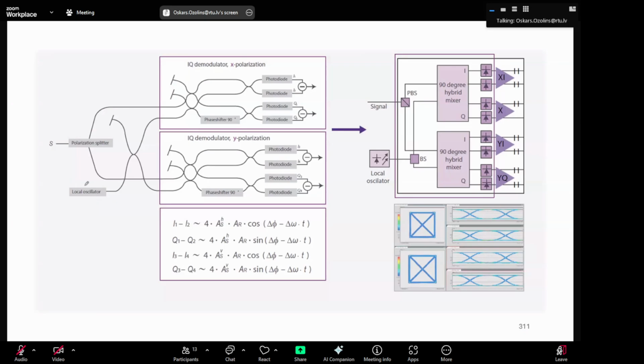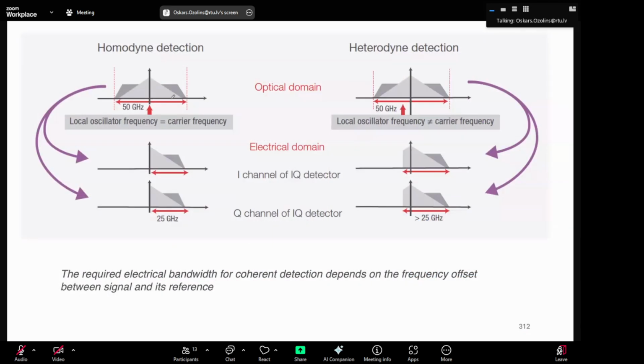And here is also a laser which is not modulated. So the difference between homodyne and heterodyne detection is that for homodyne detection, we use these local oscillator and carrier lasers.